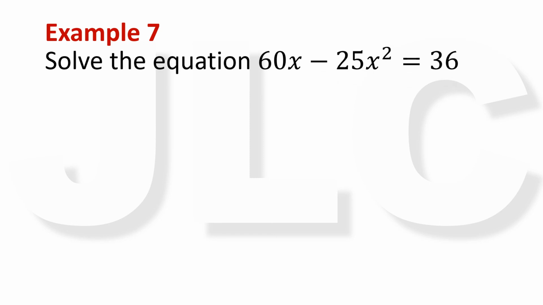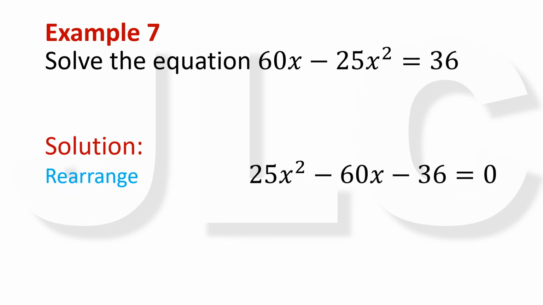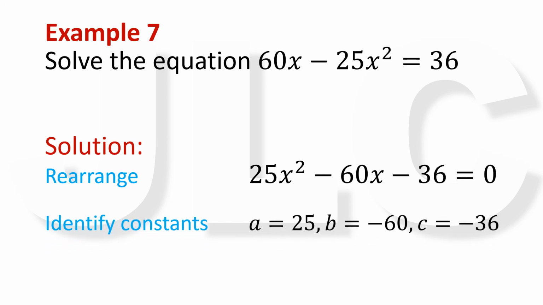Example 7. Solve the equation 60x minus 25x squared equals 36. We arrange the equation into standard form. 25x squared minus 60x minus 36 equals 0. The coefficients are a equals 25, b equals negative 60, and c equals negative 36.